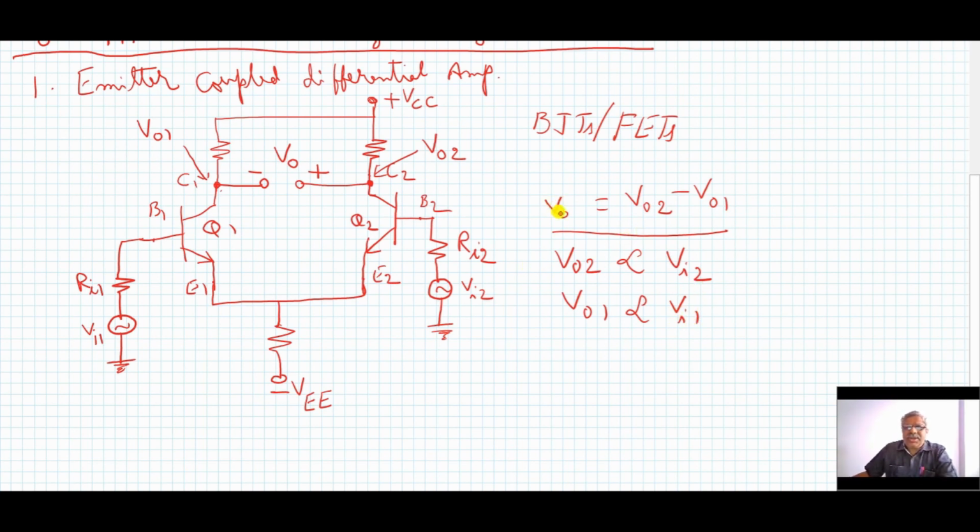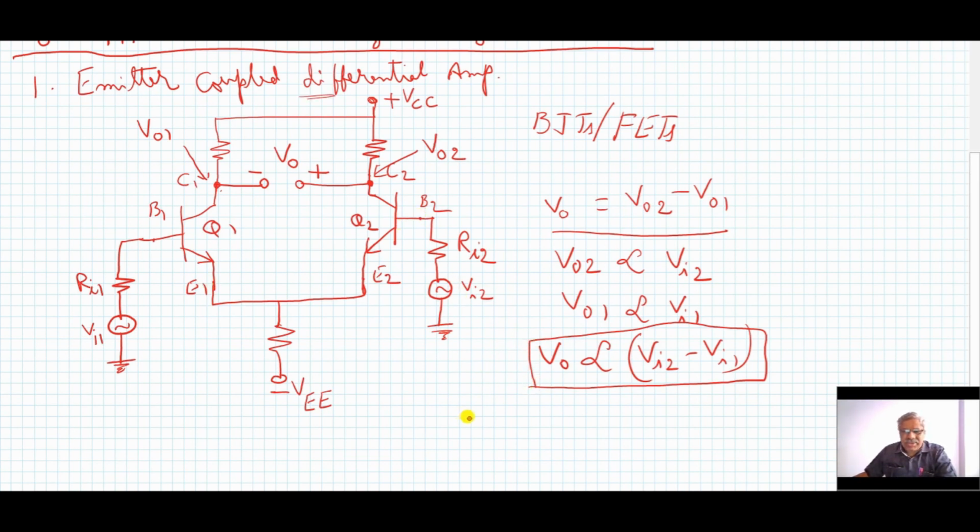So this V0 is now directly proportional to Vi2 minus Vi1. So because the output is directly proportional to the difference between the two input signals, this amplifier is called as differential amplifier or difference amplifier. So this amplifier is able to amplify the difference between two input signals.